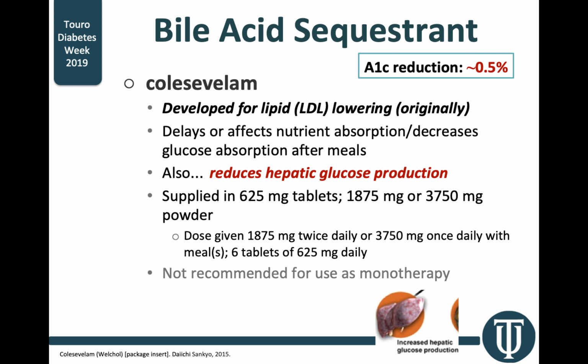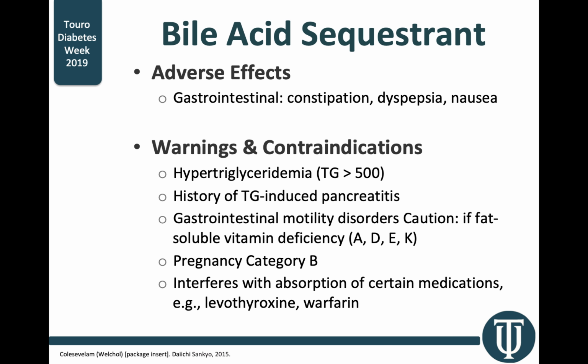This medication is not recommended as monotherapy. In terms of side effects, very similar to alpha glucosidase inhibitors, they would impact the gastrointestinal tract. For those who have hypertriglyceridemia, we don't want to use it. Also for those with a history of pancreatitis, we don't want to use this medication as well.